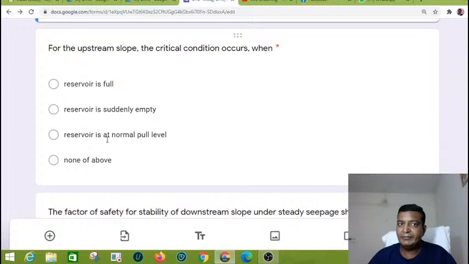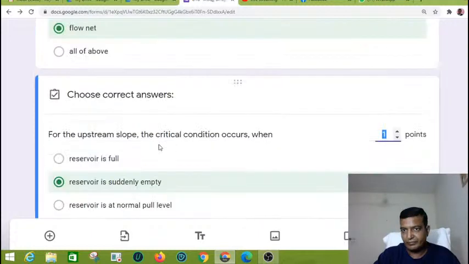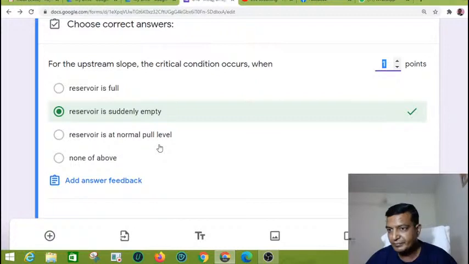Read the objective twice. Put up your answer. Answer is B.